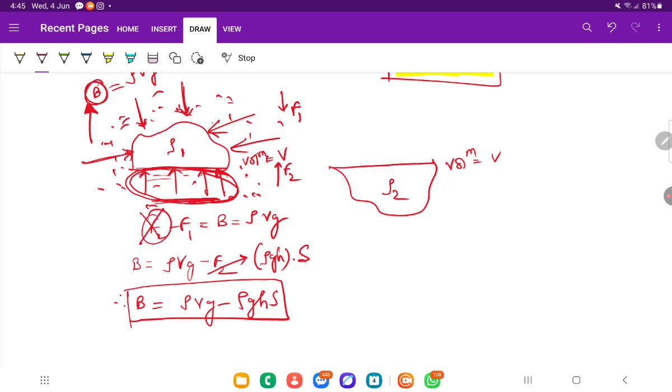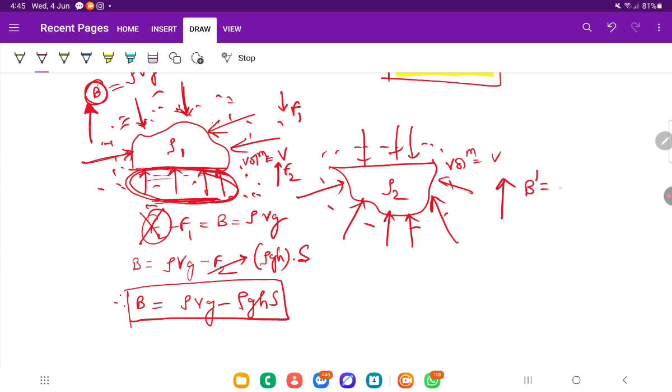And for this body, similarly, if there was water all around this body, the hydrostatic forces would have acted like this, and we would have gotten a net buoyancy force in the upward direction, let's say B dash, that would have been rho Vg as well.